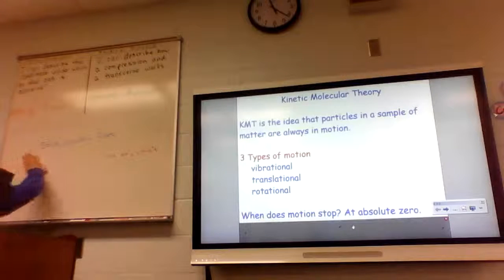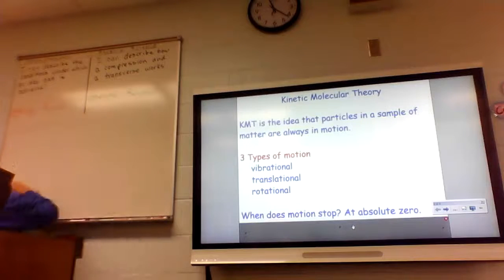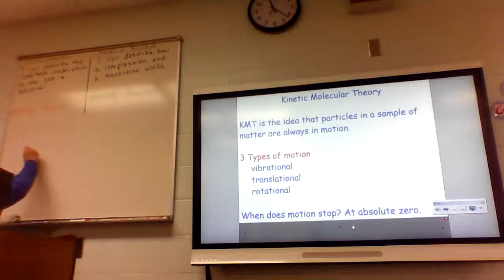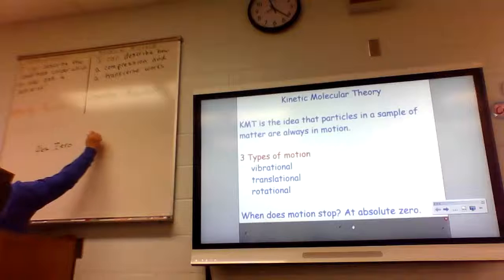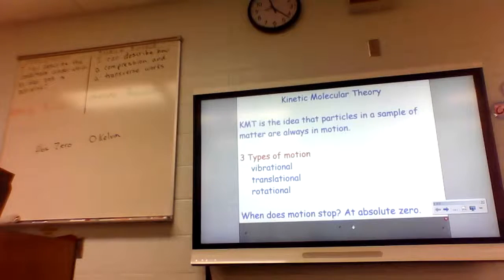The coldest anything can be. Well, yes, but it has a number. Zero Kelvin. Absolute zero is 0 Kelvin. That's the definition of 0 Kelvin. Now, at 0 Kelvin, all motion stops.